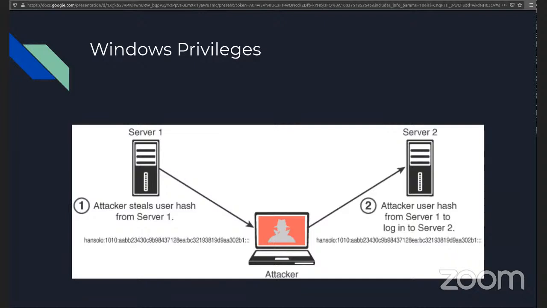At that point, you don't necessarily need to crack the hashes. You could just pass that hash over from one server to another and be able to log in as that user, or you could do both and figure out what the password is and use it to authenticate on a Kerberos system.